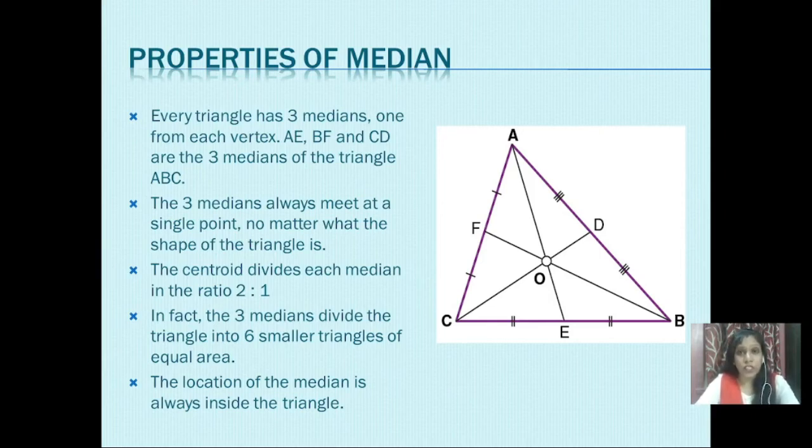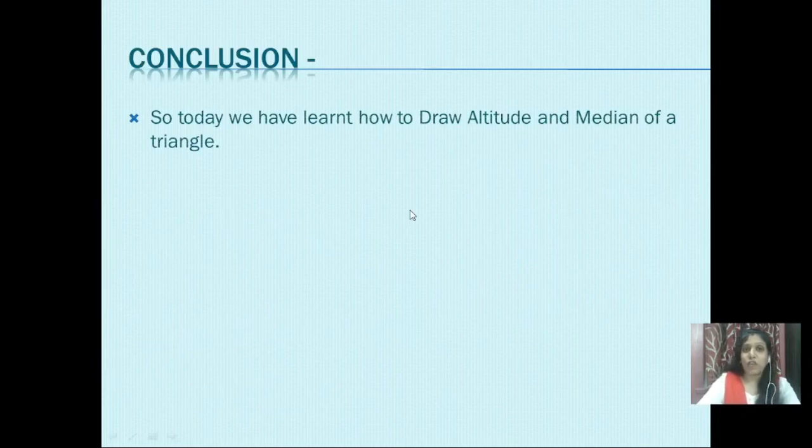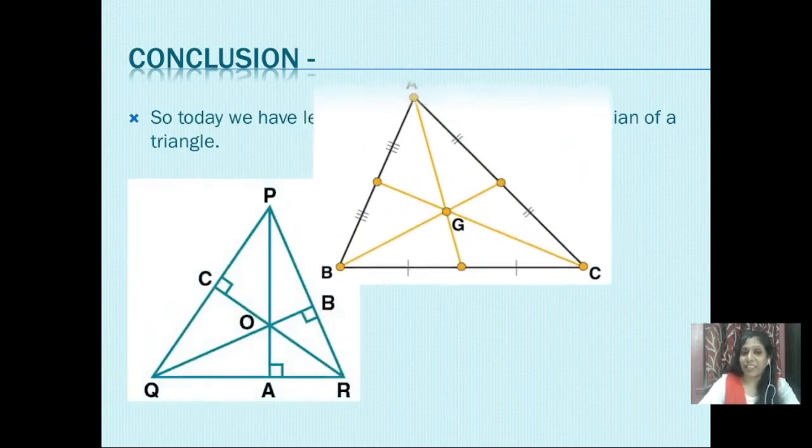There are differences between the median and altitude. Make sure you know that. So, children, think critically before doing anything. With this, we have finished our today's topic. So today we have learned how to draw altitude and median of a triangle.